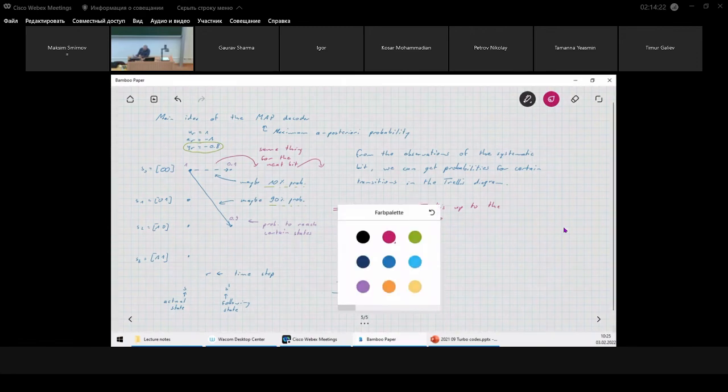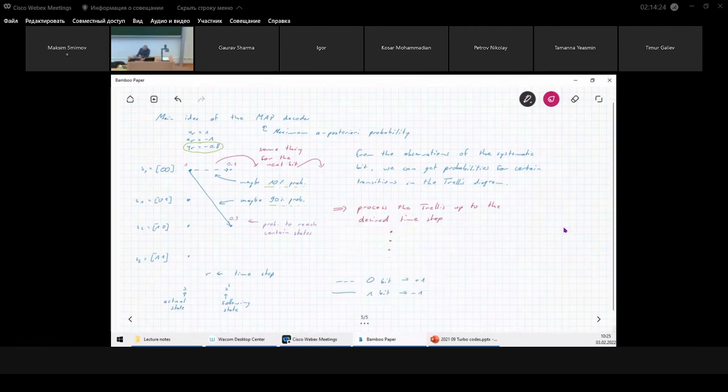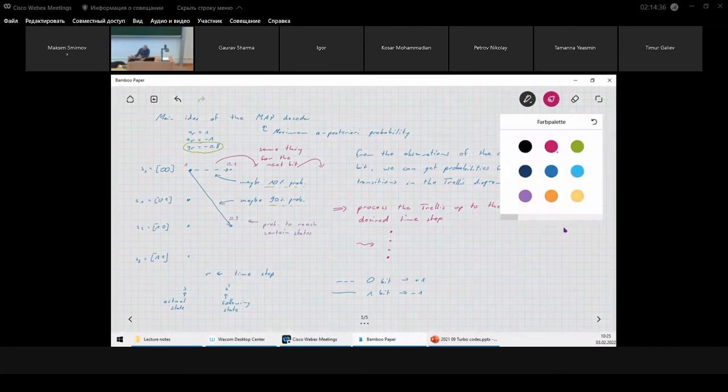So we will get probabilities for each of the states then. And we actually will do the same by processing the trellis diagram from the back, because we also need to know the final state.